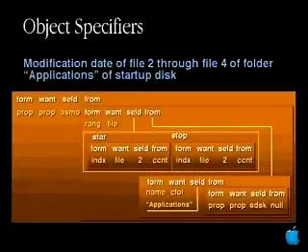For example, the object specifier, the modification date of file 2 through file 4 of folder applications of startup disk is nested kind of like this. In the top level on the outside, you're looking for the property. You want a property. The selection is the code for that property, which is the modification date. And the container is, you want the property of a file.